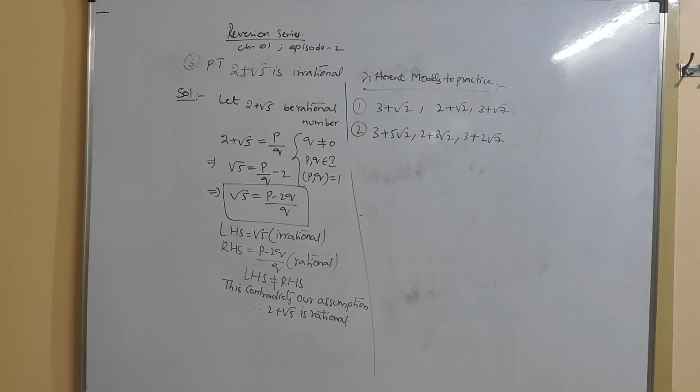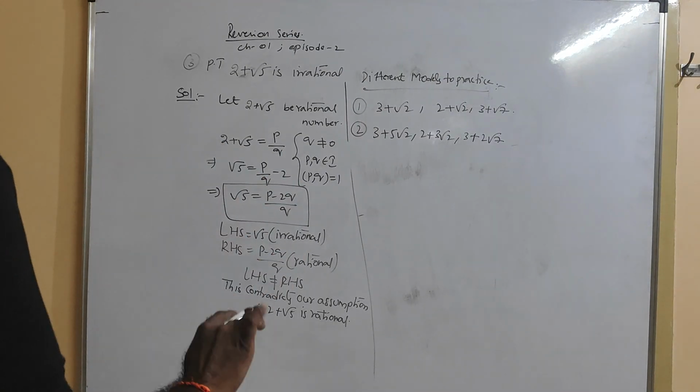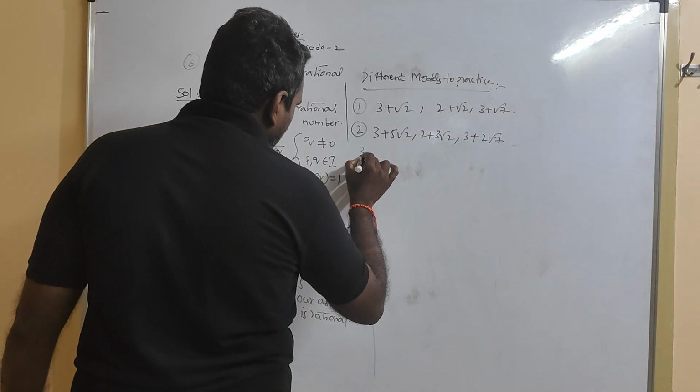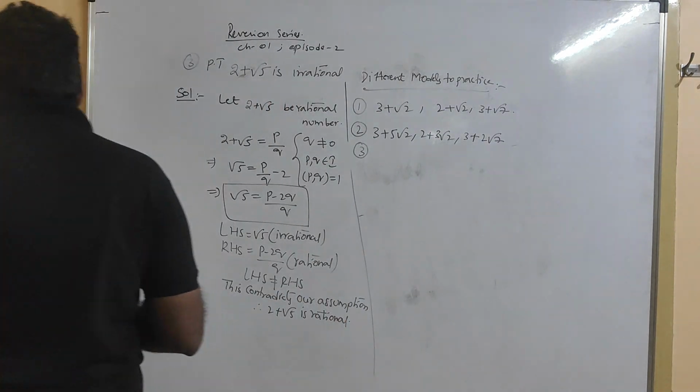That means for the first one, root 2 is equal to (p minus 3q) by 5q you will get. Why? Because multiplication factor 5 is there. That is the only small change you will have. So that is why it is a little different model. Procedure is same, models are different.